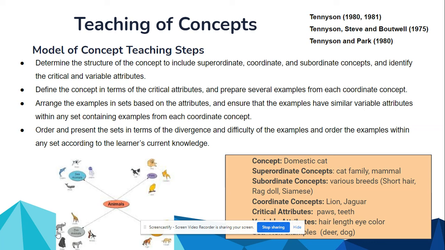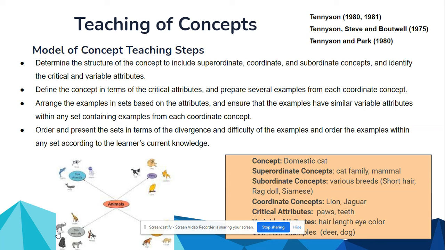So the model of concept teaching steps, here they are. First, determine the structure of the concept to include superordinate, coordinate, and subordinate concepts and identify the critical and variable attributes.